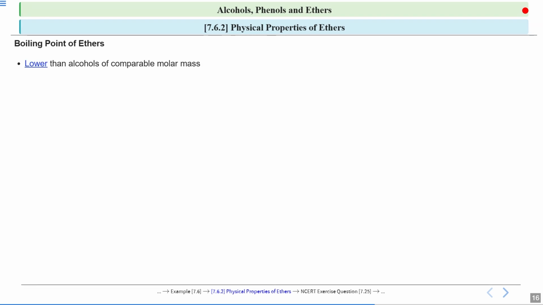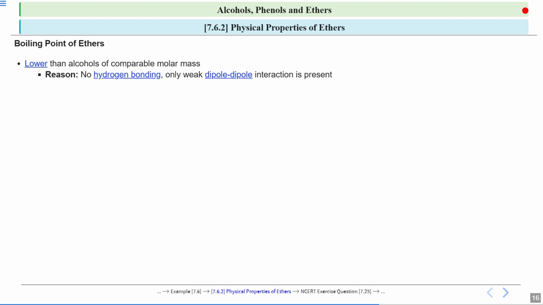Now we'll talk about the boiling point of ethers. The boiling point of ethers is lower than that of alcohols of comparable molar mass. If you compare the boiling points of alcohols and ethers of comparable molar mass, ethers have a lower boiling point. This is because in ethers there is no hydrogen bonding, only weak dipole interactions.